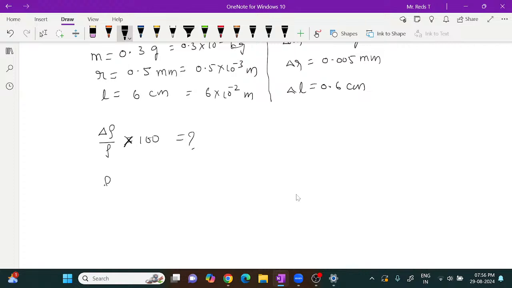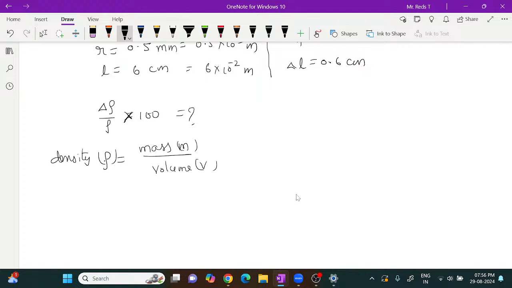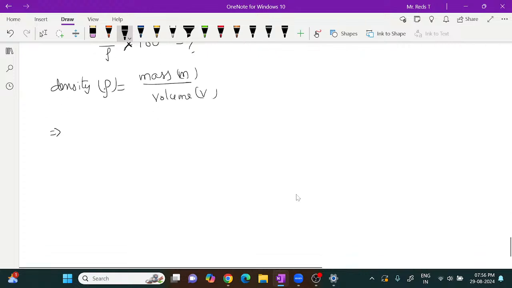We know that density rho is equal to mass m by volume V.